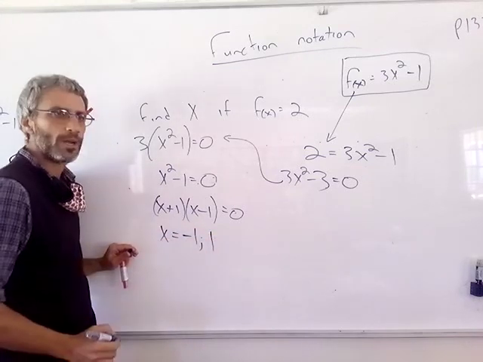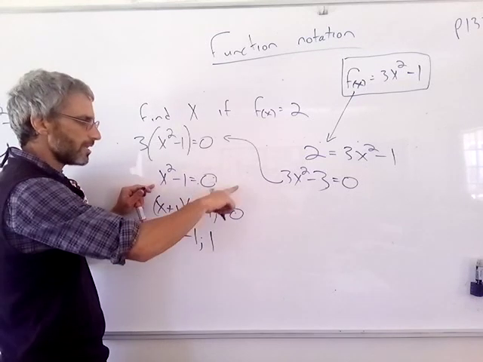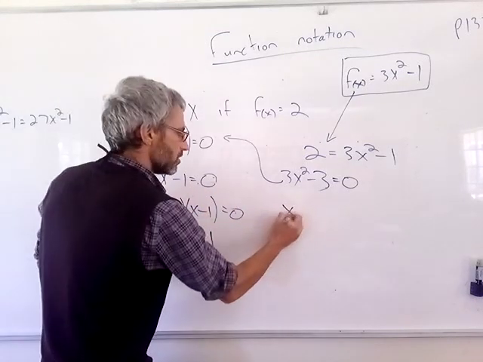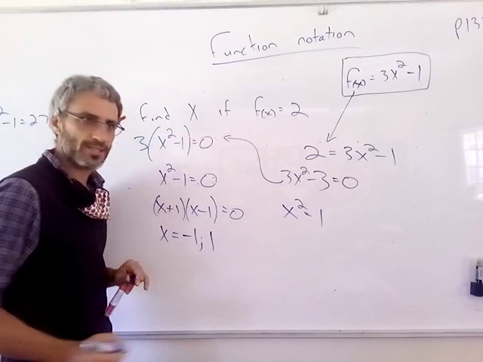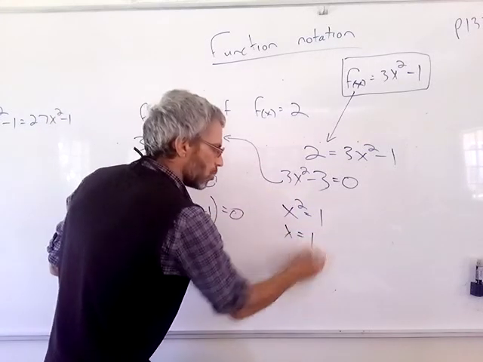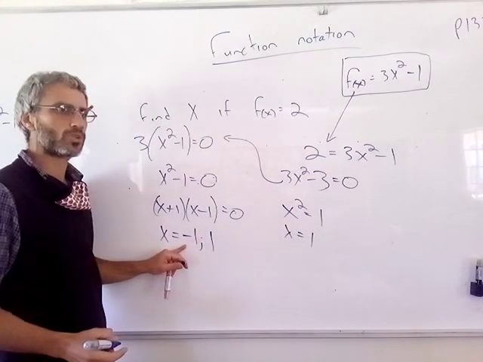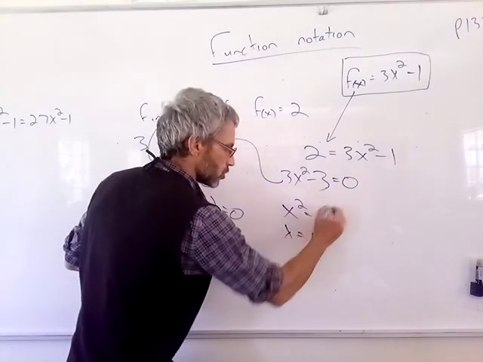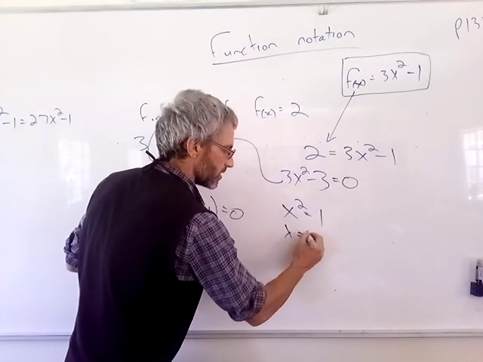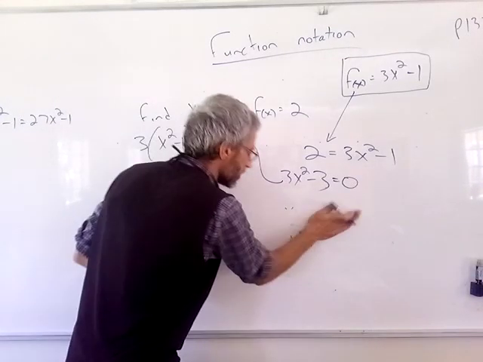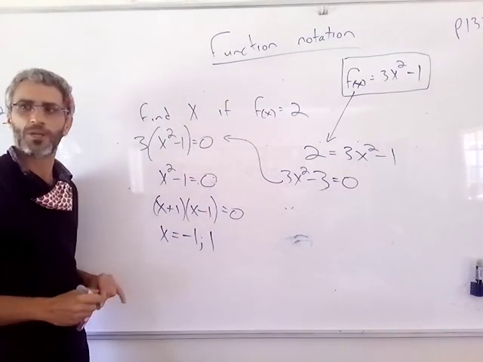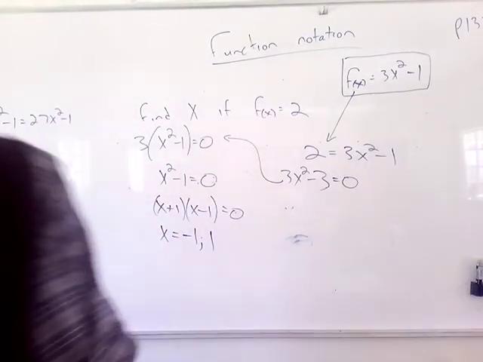That's it. Now what was the problem with adding the 1 here? You square root that, you probably will get 1. You'll lose that minus 1, unless you remember that when you square root a number, you get the plus and the minus. So I'd rather you go that way. Right, that's it. Let's do some work.